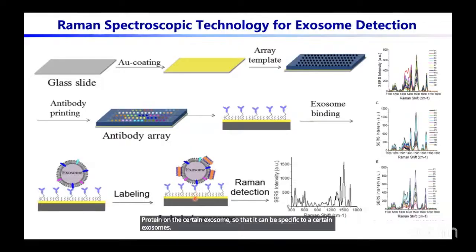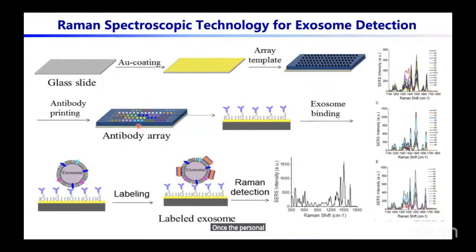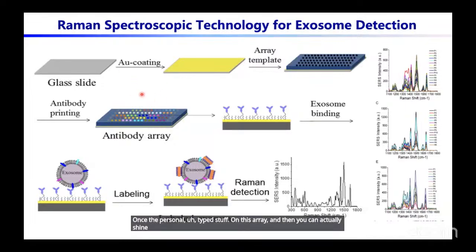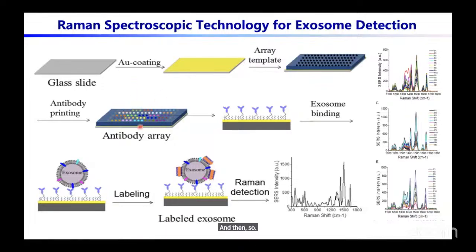Once the exosomes are attached on this array, you can shine the laser light, and for each array you get a Raman spectrum. Then you can use this Raman spectroscopy data to develop AI for recognition.